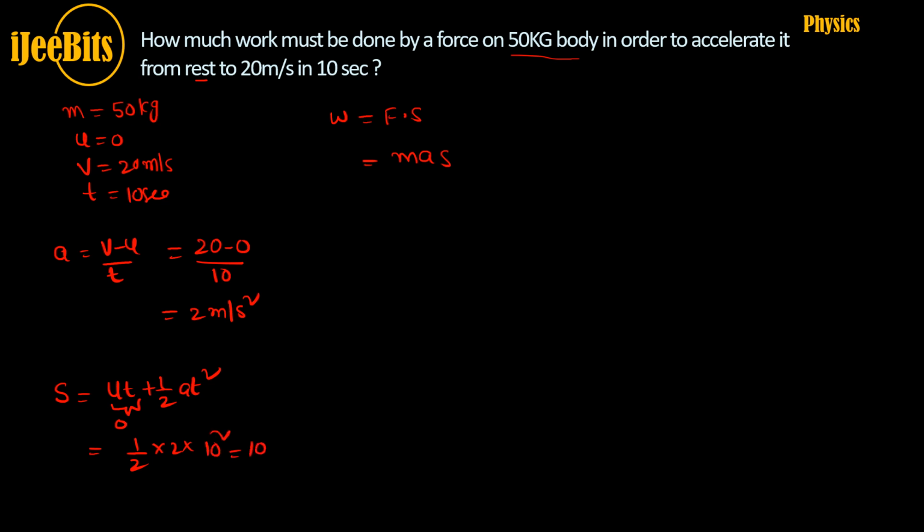This is nothing but 100 meters. So 50 into 2 into 100, right, would be your work done, which is in joules. How much will we get? 10 and 3 zeros, right? Joules.